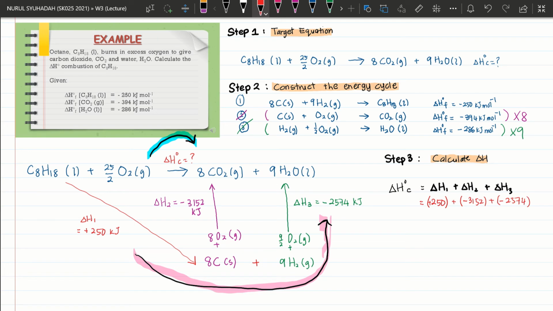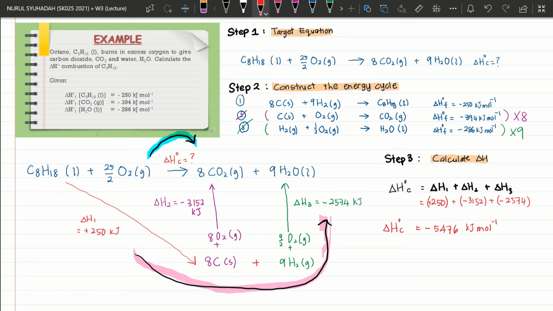Substitute all the values and then use your calculator to find the answer. You will get the value as negative 5476 kilojoule, and for this one, the final answer you must put as per mole because we are calculating for delta H c of octane.